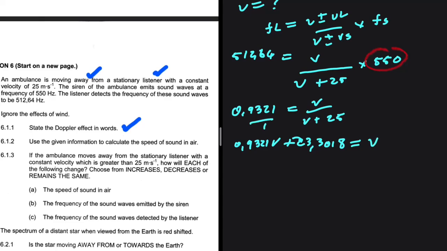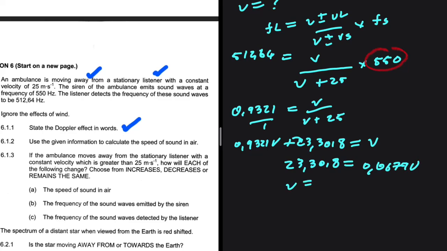If I take 0.9321 V to the left hand side, to the right hand side, I mean, I'm going to have 1 minus 0.9321, which is 0.0679. So I have 23.3018 being equal to 0.0679 V. It is obvious what I'm going to do at this point.